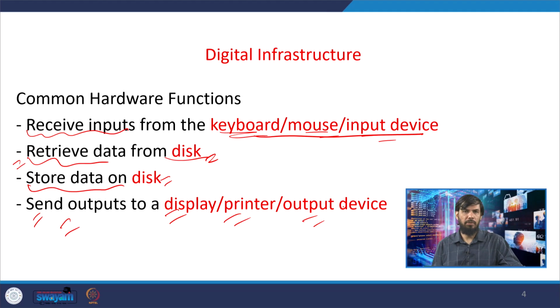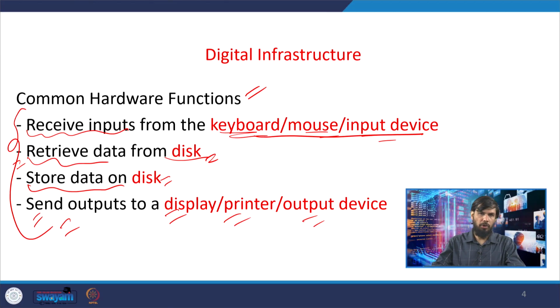Whenever some processing has happened and an output has been produced, the operating system will send that output to a display unit or any other output device, or maybe print it out via a connected printer. So these are some of the common hardware functions supported within this program: receiving input from input devices, then data to and from disk, and then sending output to output devices.